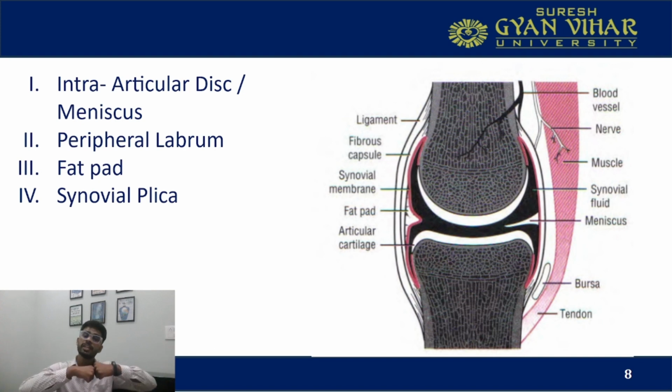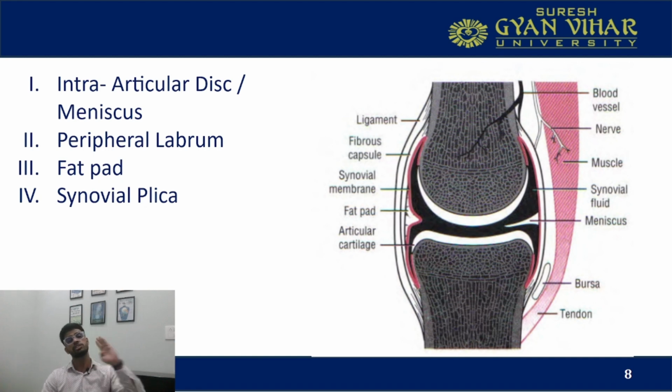To prevent its overstretching, this synovium is actually folded at some points, which get extended when you do the separation of the articulating surfaces. So whenever you are doing the separation of the articulating surfaces, this synovial plica prevents the synovium from overextending. This is the main function of the synovial plica.